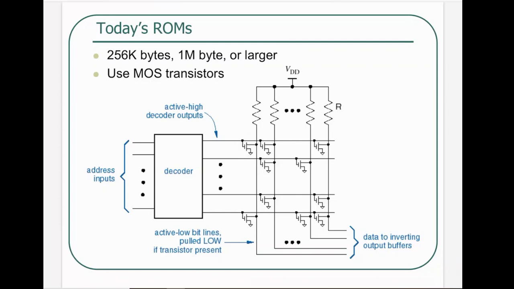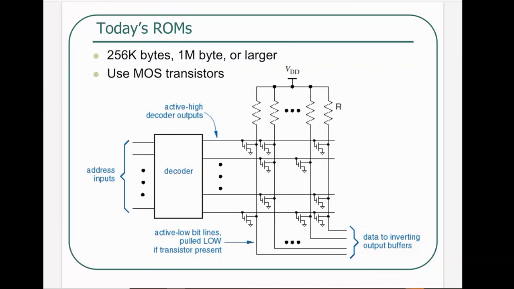And for that to happen, again, we may or may not need to invert the outputs over here. So data to inverting output buffers. In some cases, you do need to invert them, but in some other cases, for example, if it was a NAND-based architecture, you would not need to invert the output buffers.